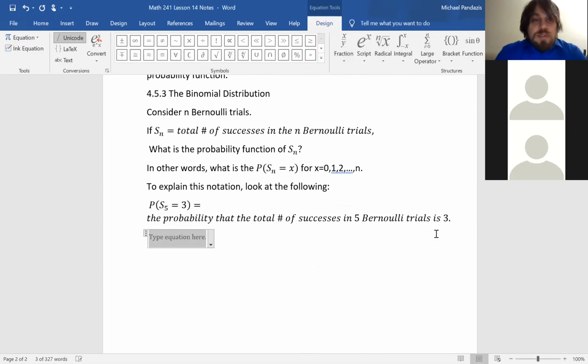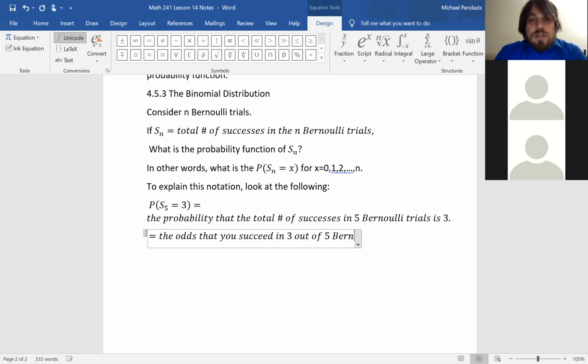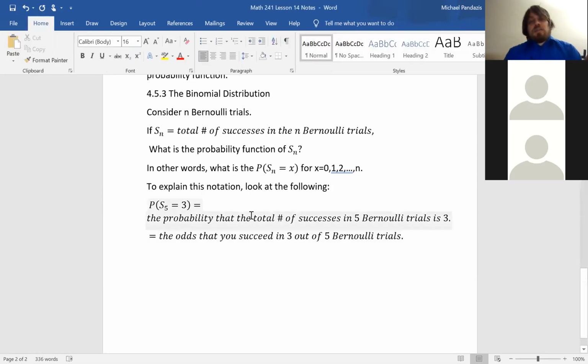Written a little bit simpler, but just a little different than the math notation, this is equal to the odds that you succeed in 3 out of 5 Bernoulli trials. That sentence is easier to understand, but the first sentence captures more what the notation is saying.